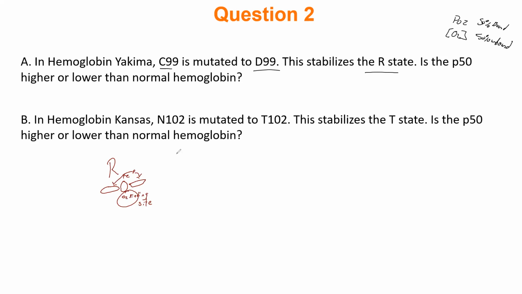And if you're in the tense state, the iron is not in the plane of the ring. So there's actually a greater distance between the oxygen binding site and your charged iron. So I'll give one more minute for people to think this over and see what you think.